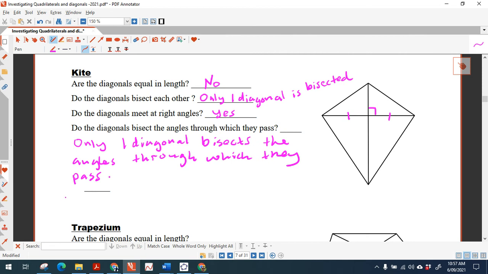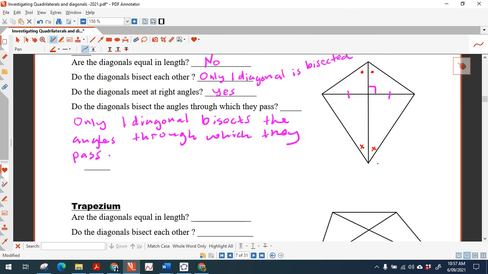Okay, only one. So the way we're going to mark that is this angle here is equal to this angle here, and this angle here is equal to this angle here.